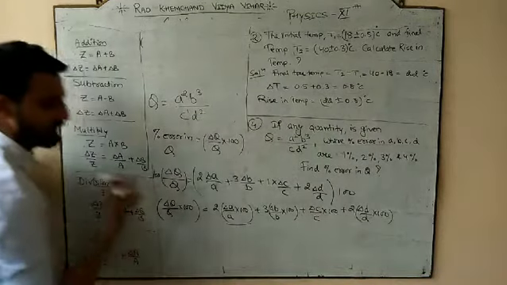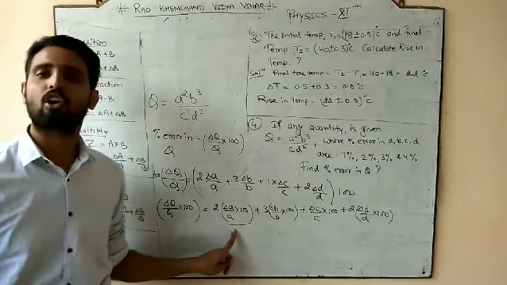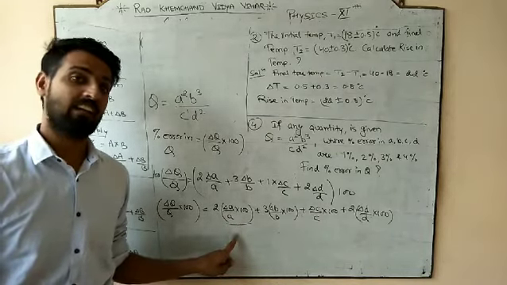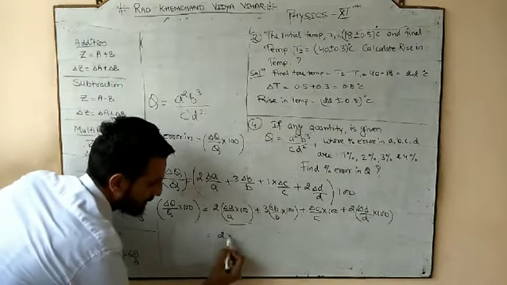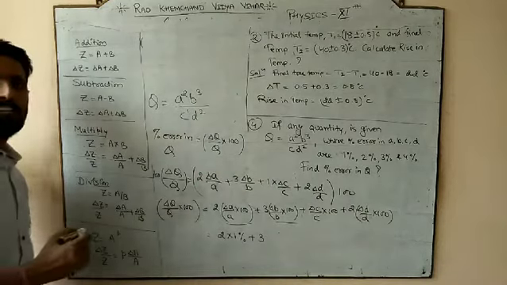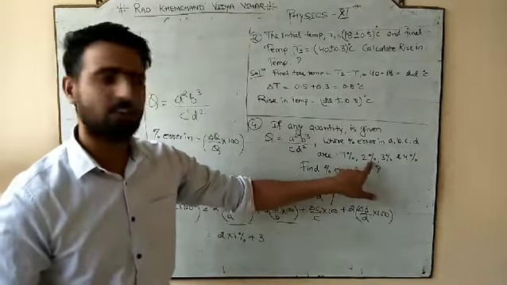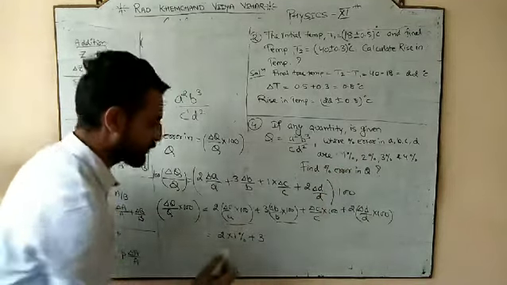What is delta A by A into 100? Relative error of A into 100 is called the percentage error of A. And what is the percentage error of A given? It is 1%. Plus 3 delta B by B into 100, it is the percentage error of B, relative error into 100 from the previous lecture. It is 2%.